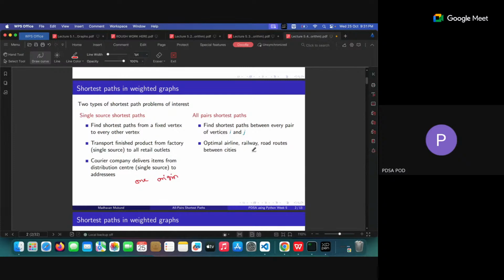Whenever all pairs is there, we are finding the shortest path from every vertex to every other vertex. Let's say we have A, B, C, and D.